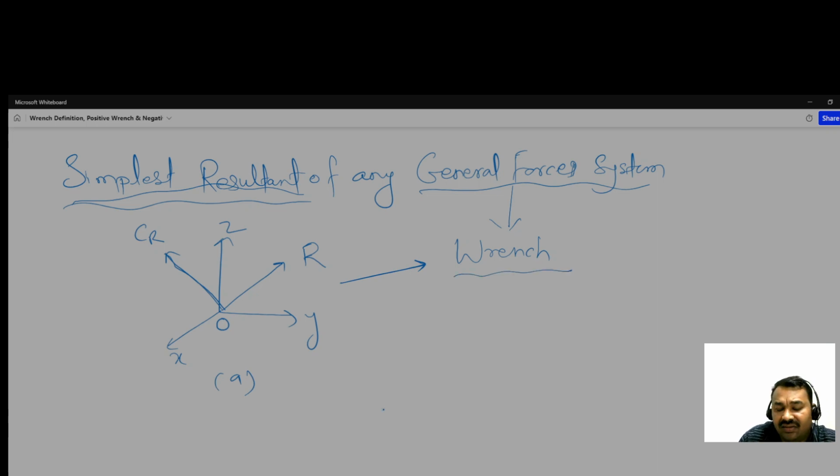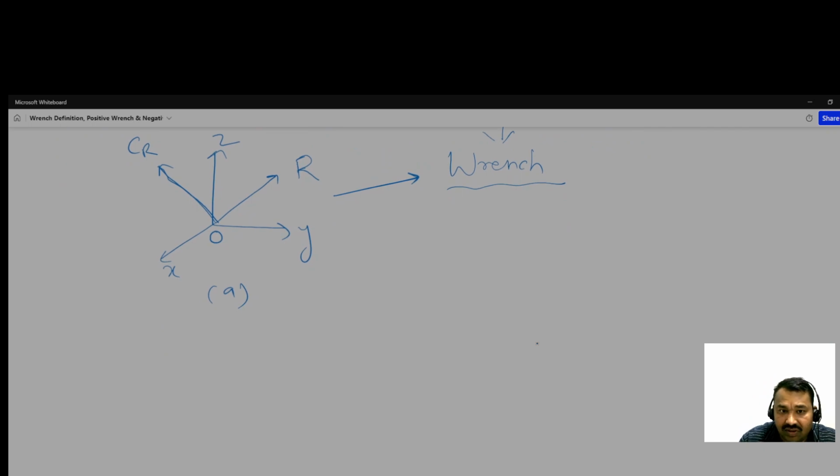Okay. So for that, what we have to do, we have to resolve the CR into two parts. So how to resolve that? This is the R, and suppose this is the M, or you can say CR, and this is R. Okay. Now it has two components.